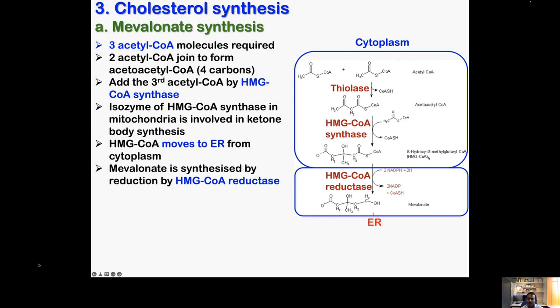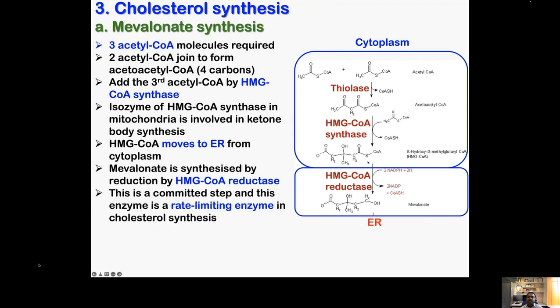This important enzyme reduces HMG-CoA to produce mevalonate, releasing ADP and coenzyme A. So finally you are getting mevalonate, which is free from any more coenzyme A.